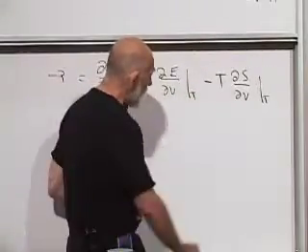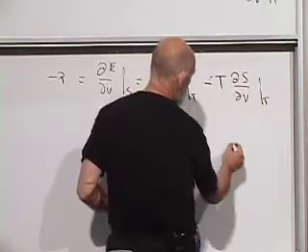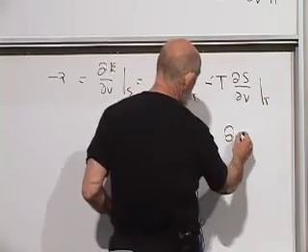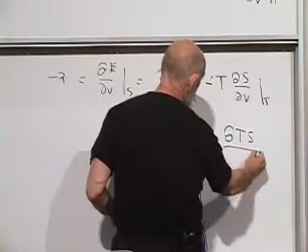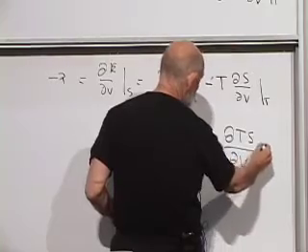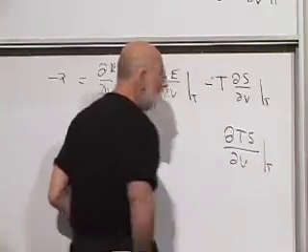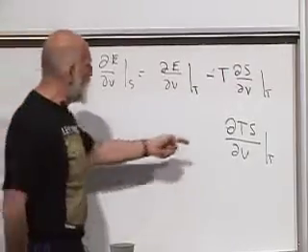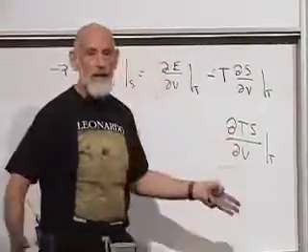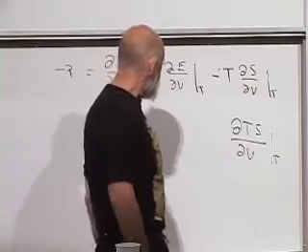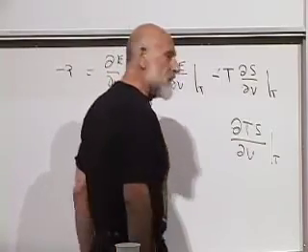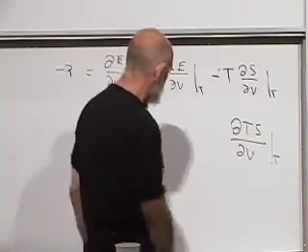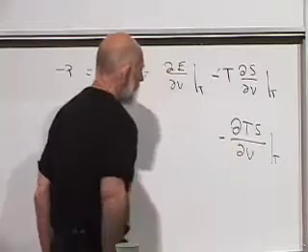This over here is the same as the derivative of TS with respect to the volume at fixed T. Why is that? Because the derivative of T with respect to V at fixed T is zero.